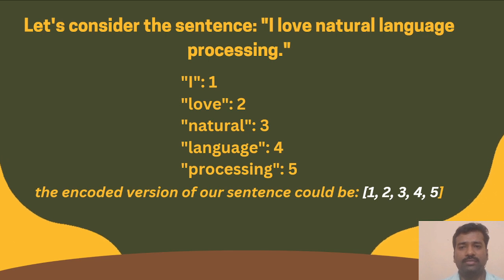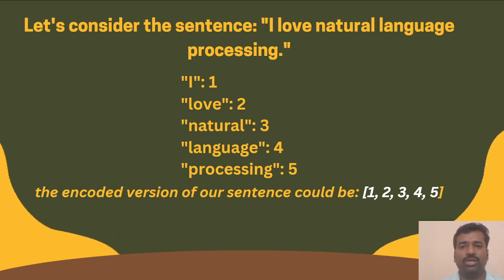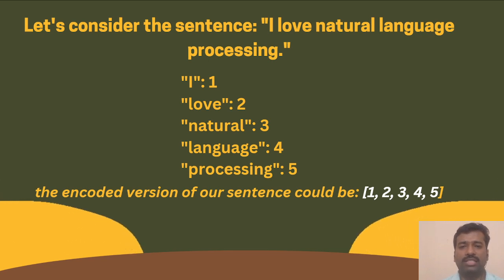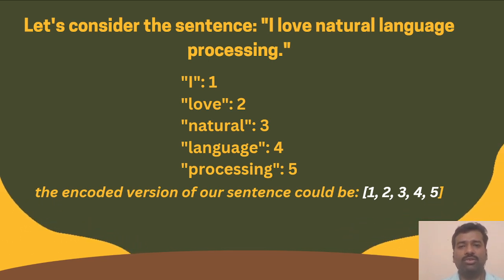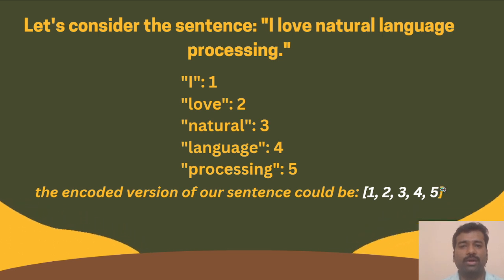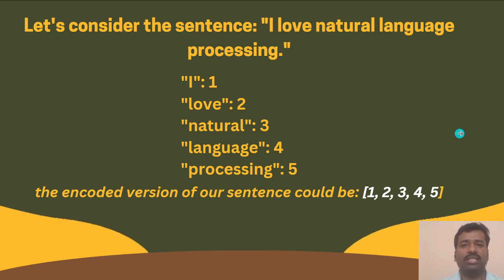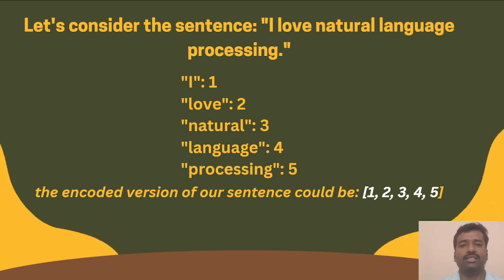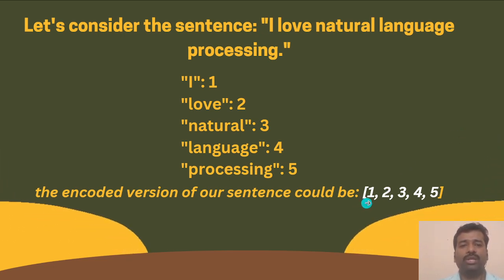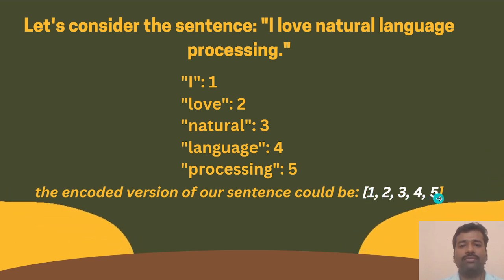For example, I is equal to 1, love is equal to 2, natural is equal to 3, language is equal to 4 and processing is equal to 5. Now, if you see the encoded version of the sentence, it would be 1, 2, 3, 4 and 5.